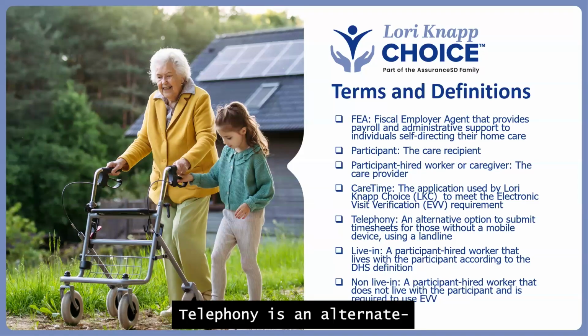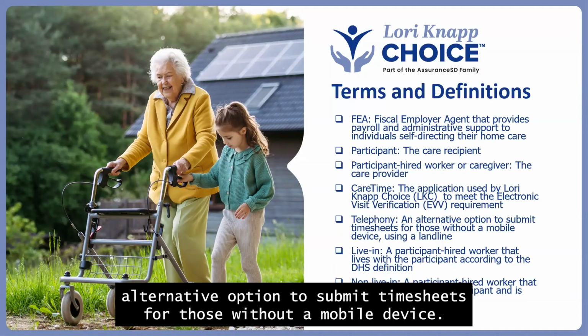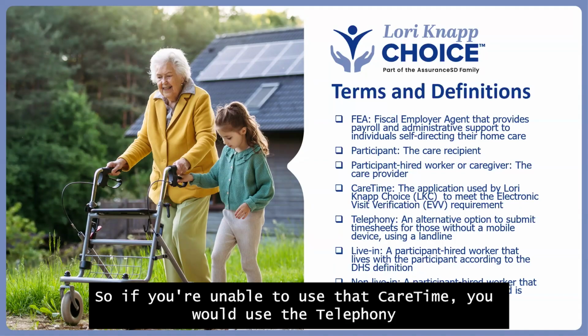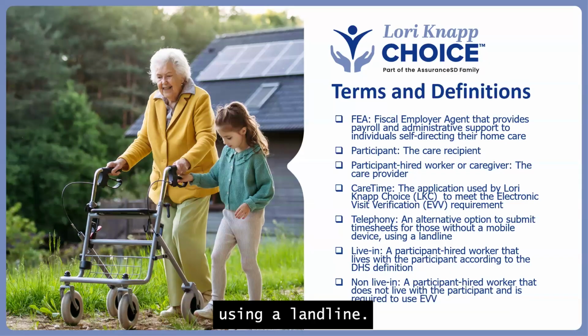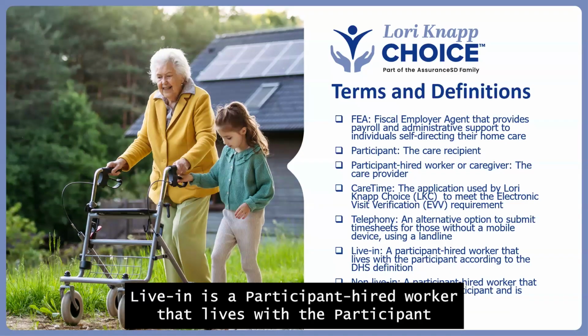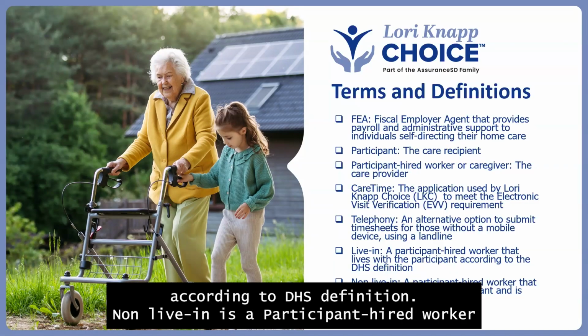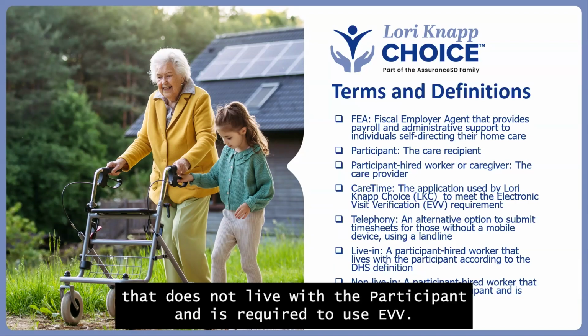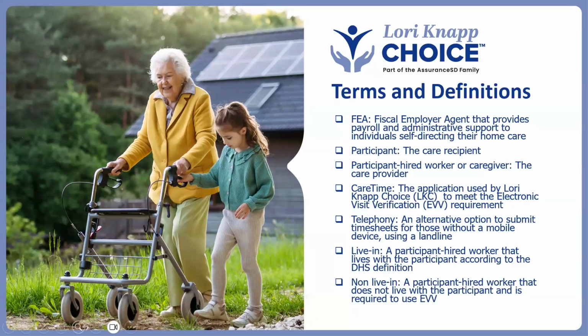Telephony is an alternative option to submit timesheets for those without a mobile device. So if you're unable to use Care Time, you would use the telephony using a landline. Live-in is a participant hired worker that lives with the participant according to DHS definition. Non-live-in is a participant hired worker that does not live with the participant and is required to use EVV.